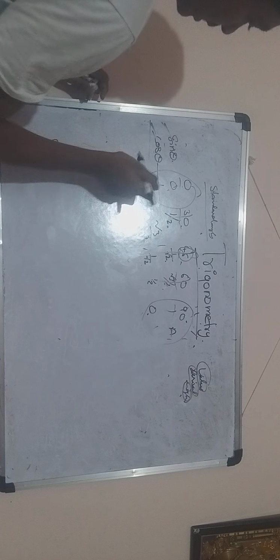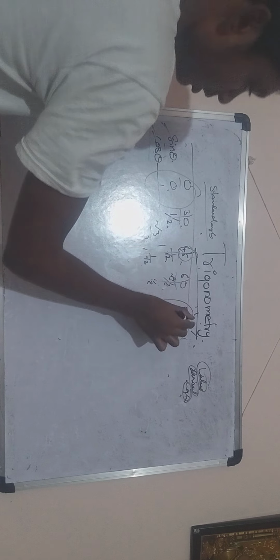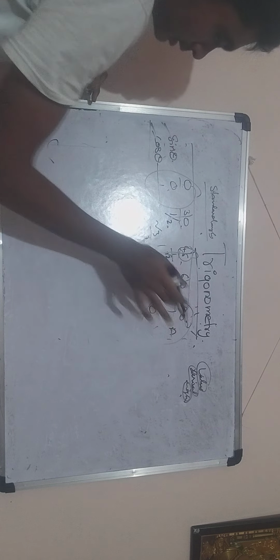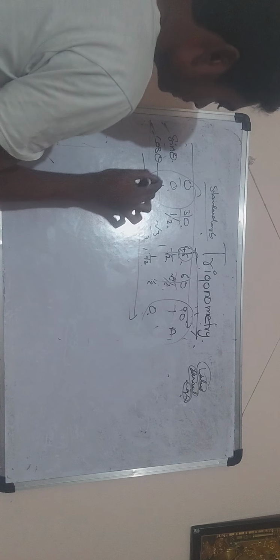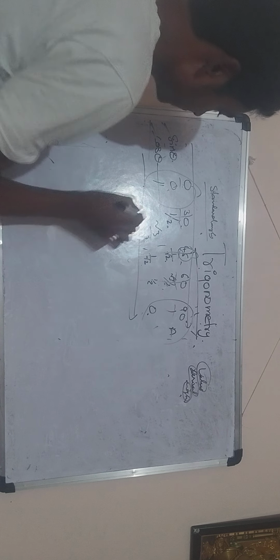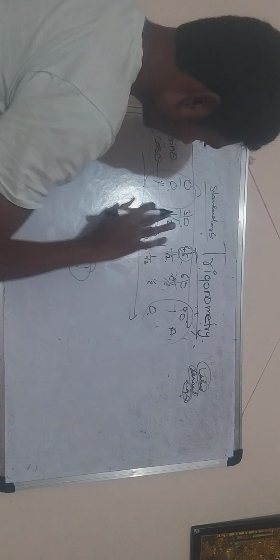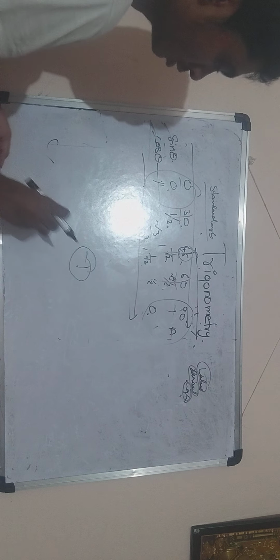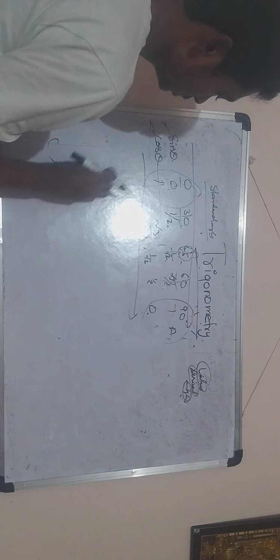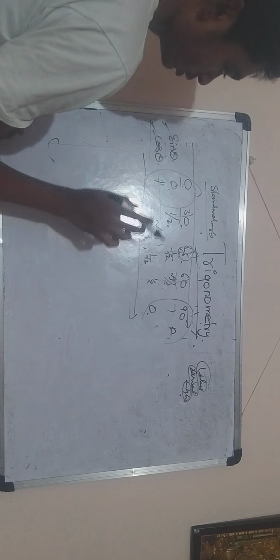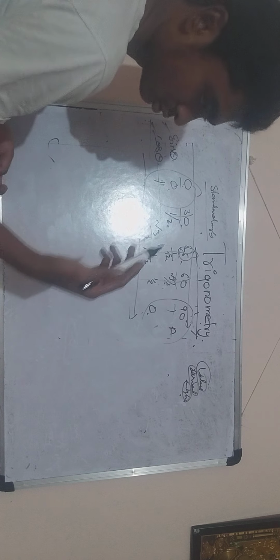Remember, notice that sine value kept on increasing when the angle is increasing, and cos value kept on decreasing. The maximum value of sine is 1, and the minimum value is -1, which is not necessary for you now. The maximum value of cos is also 1 and the minimum value of cos is -1.